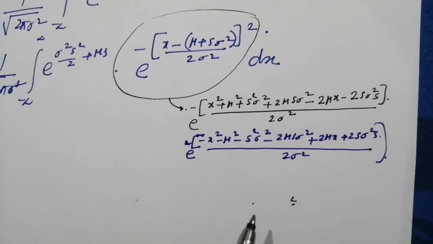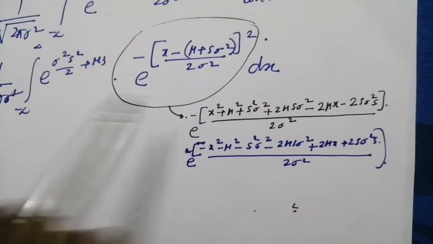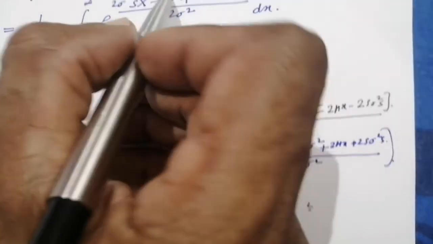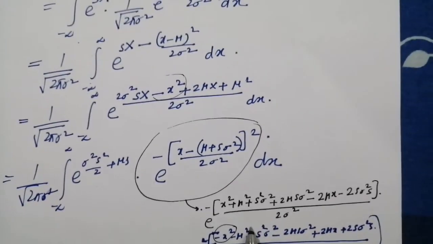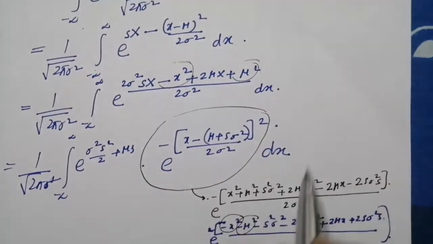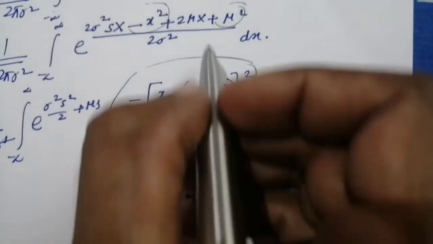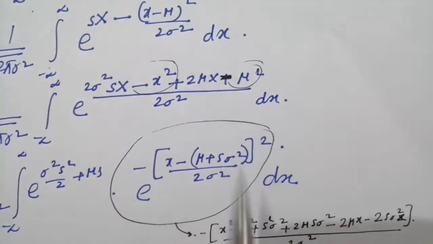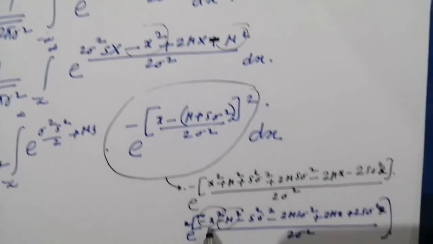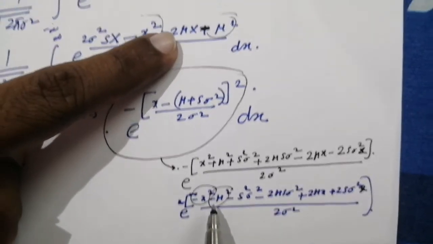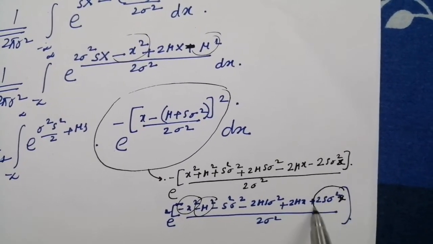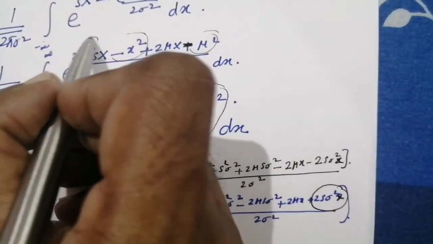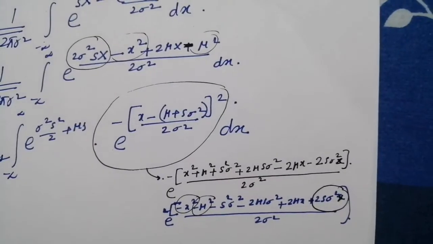So as we know, this x square is already present here. Then mu square is already there. Okay, so x square and mu square, these terms are present here. Then 2s sigma square x is also present here, right?